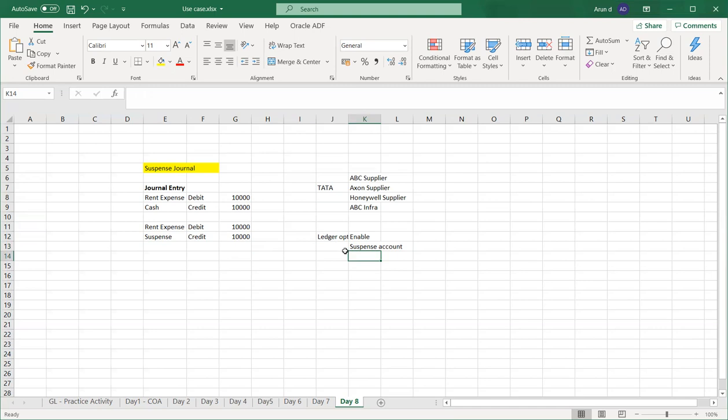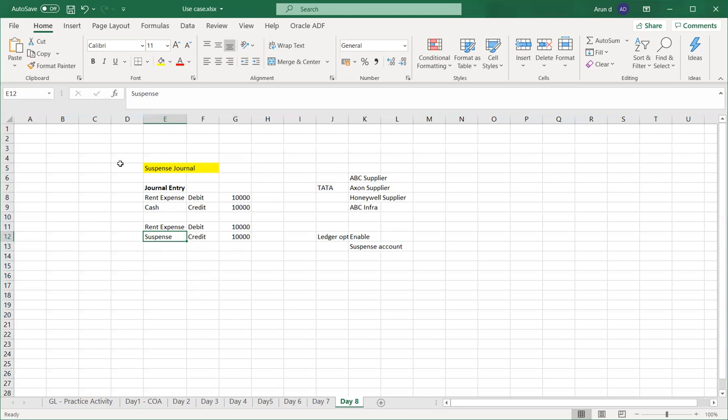In Ledger, I'm enabling this, and also I'm giving the suspense account to this. When I give the suspense account, the system will not give me any warning or error. The system will automatically take this 10,000 into the credit side.